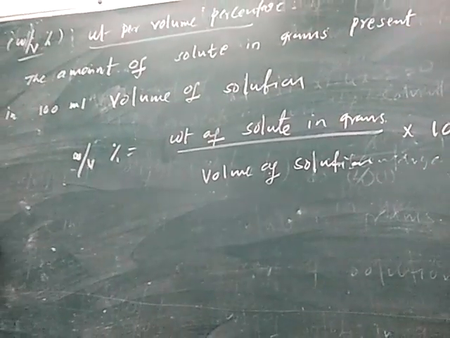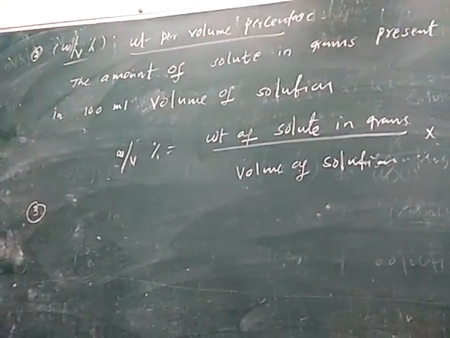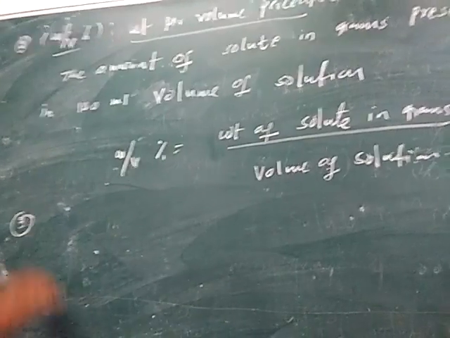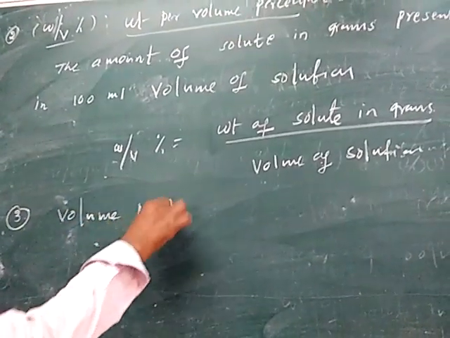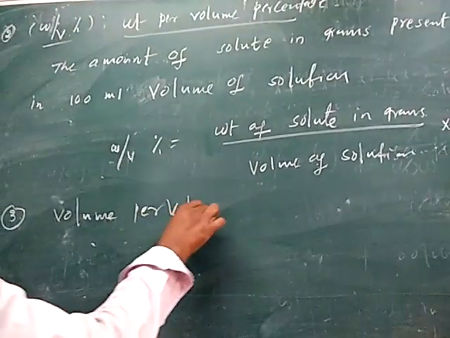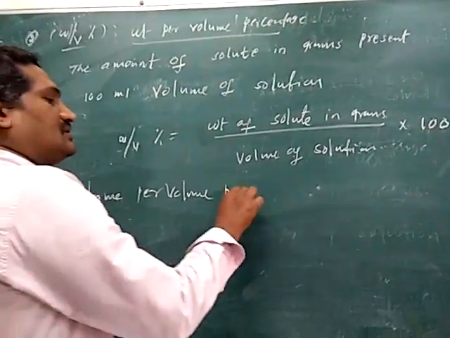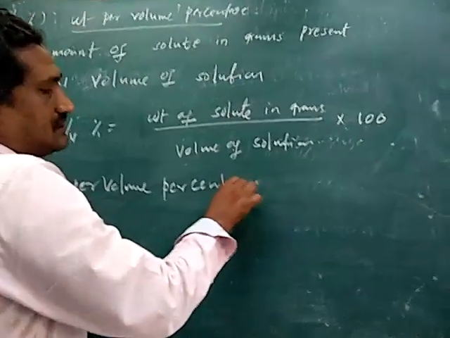Next, third type, volume per volume percentage ratio.